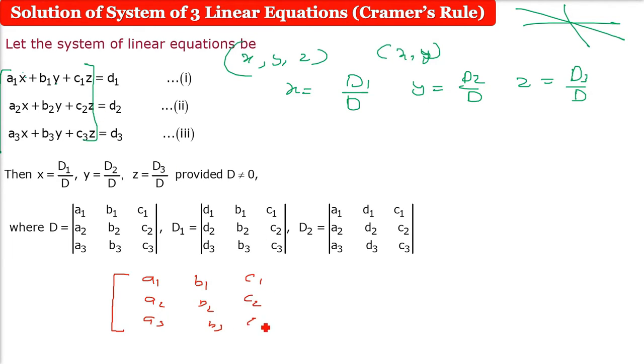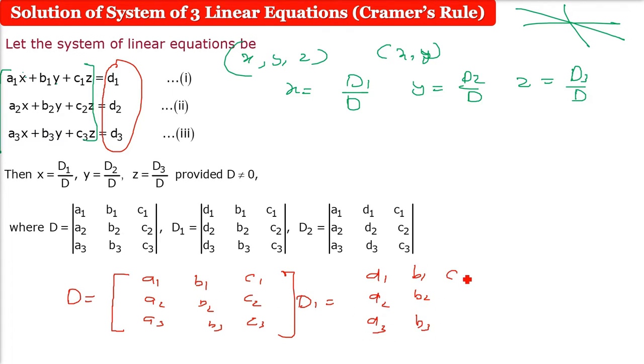This is your actual determinant D. Now, in order to find out D1, just replace the first column by the right hand side. That is d1, d2, d3 has to be placed in place of A1, A2, A3. So d1, d2, d3, you have B1, B2, B3, and you have C1, C2, C3. This is your D1.